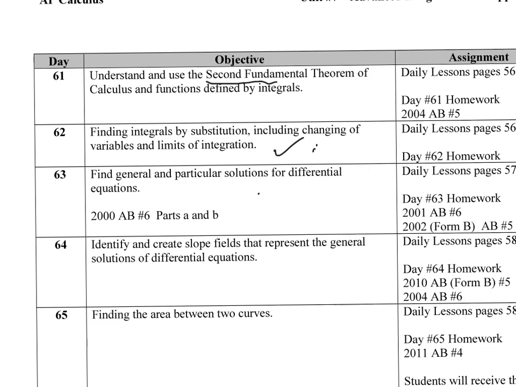Now, this topic here is required by STC, but based on what I'm reading about this AP exam, they may not be testing this particular idea. But I will still be covering it. It's actually in 2 different lessons about differential equations.